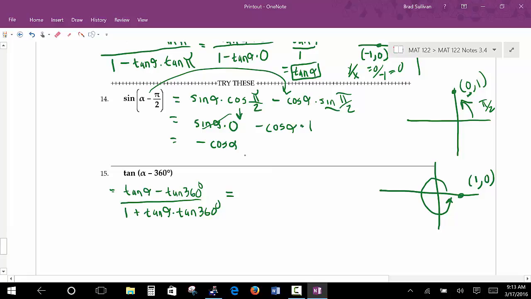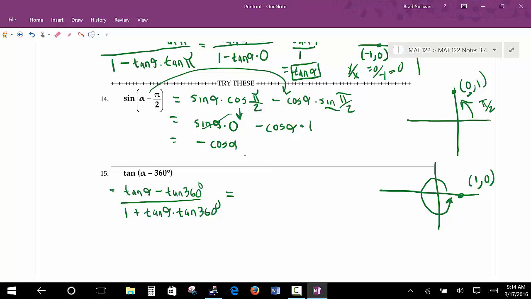Cosine is an even function, so you don't really need to do anything with that. You might be thinking about cosine of negative alpha or something like that. You don't need to do anything with that.